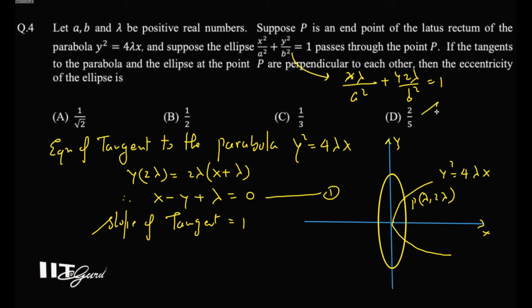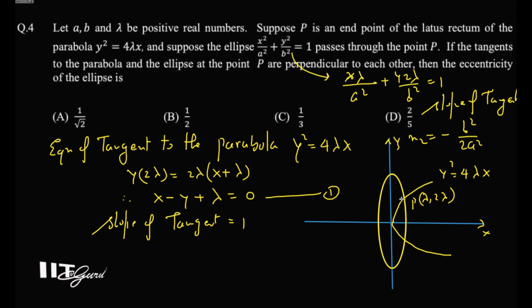And hence the slope of the tangent is negative coefficient of x upon coefficient of y, which is minus b square upon 2a square. Let's say this is slope m2, and this is slope m1.